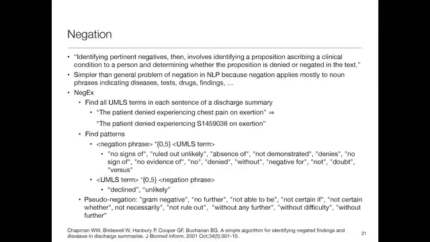Absence of, not demonstrated, denies, etc. And post modifiers, if you say something declined or something unlikely, that also indicates that it's not present. And then they hacked up a bunch of exceptions where, for example, if you say gram negative, that doesn't mean that it's negative for whatever follows it or whatever precedes it, right?